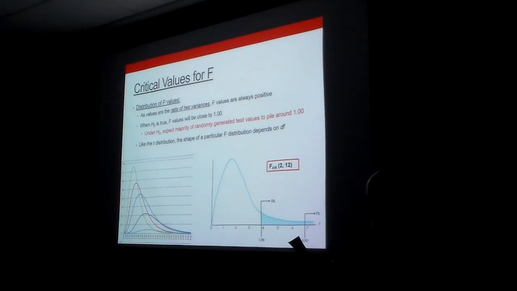I get a critical value of 3.89. Okay, people see that? Here it's 3.88, I guess a rounding error on one point or the other. And so this is my critical value, right? If I have an F statistic that exceeds 3.88 or 3.89, I'm going to reject the null hypothesis at alpha equal 0.05, right?